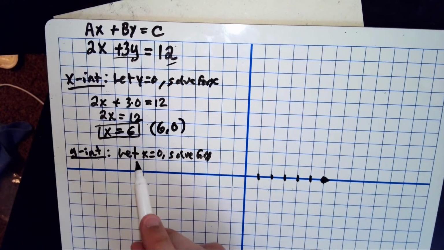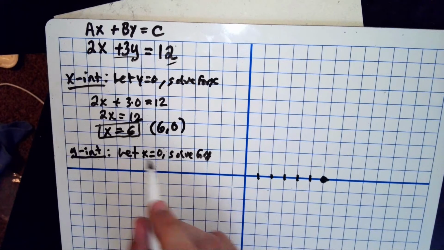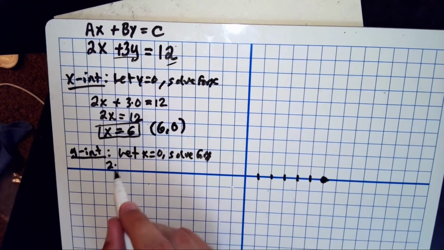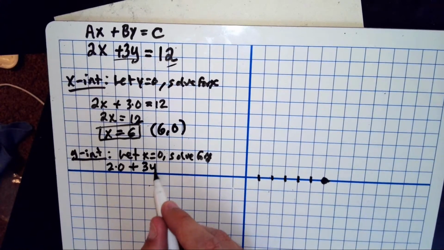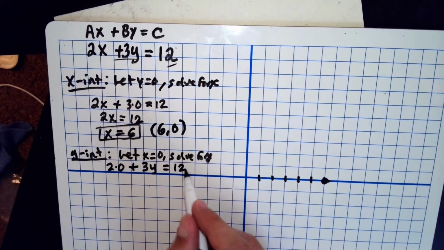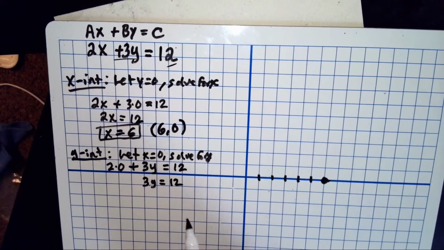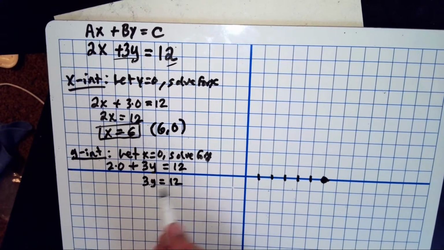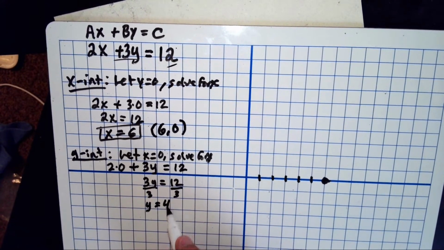So letting x be 0, we would have 2 times 0 plus 3 times y equals 12. Or in other words, 3y is 12, and after dividing both sides by 3, we get that y is 4.